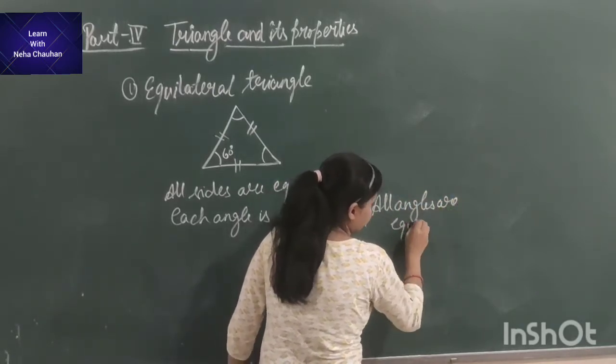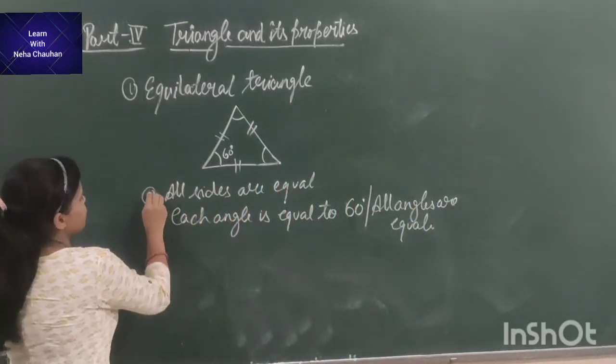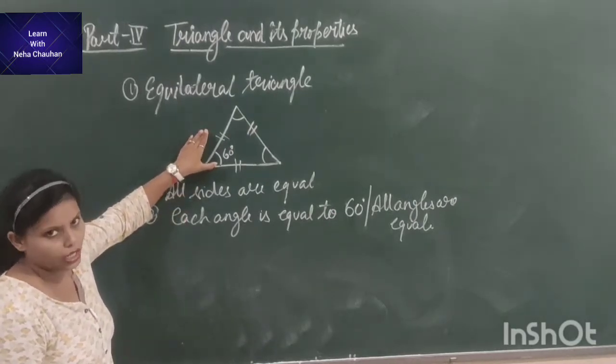So these two properties justify that the triangle is equilateral.